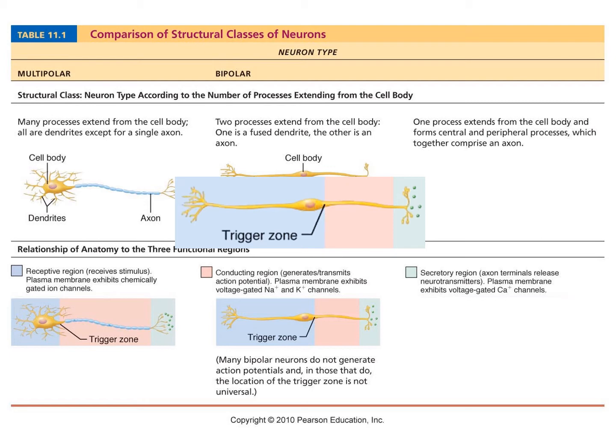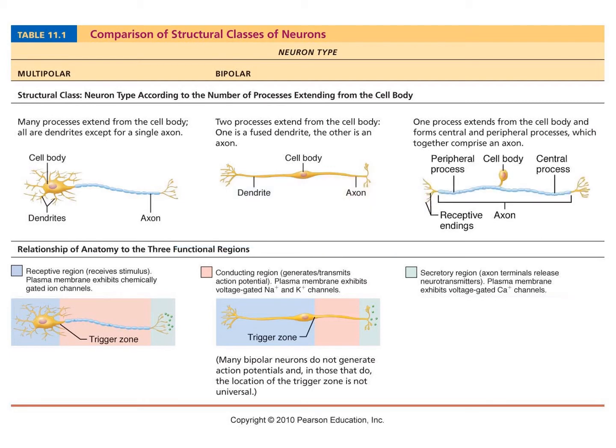So this means you don't particularly need to speed up the nerve impulse transmission. And so I'll make more reference to that later on. So this is the difference between being what's called myelinated and non-myelinated. Okay, but the biggest thing that I want you to notice here is that, again, receptive region in the dendrites and cell body, and the conducting region with the axon, secretory region at the axon terminals.